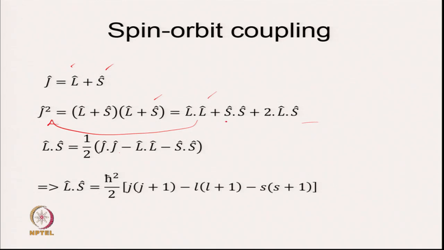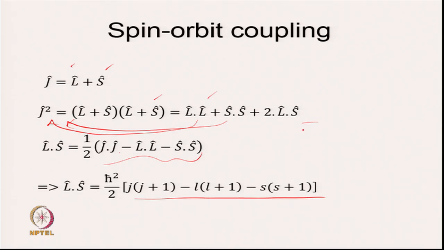So, let us take this 2 to the other side. So, L dot s is equal to J square minus L dot L minus s dot s divided by 2, that is what is written here. Okay. So, L dot s is equal to h cross square by 2 into j j plus 1 minus L L plus 1 minus s s plus 1.